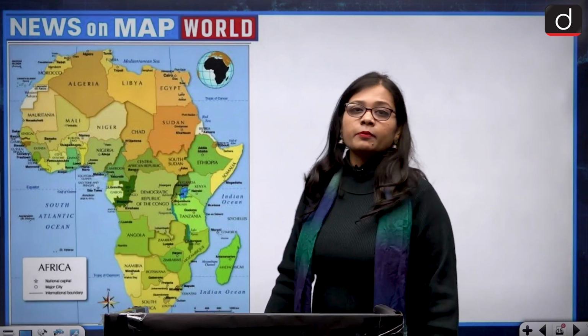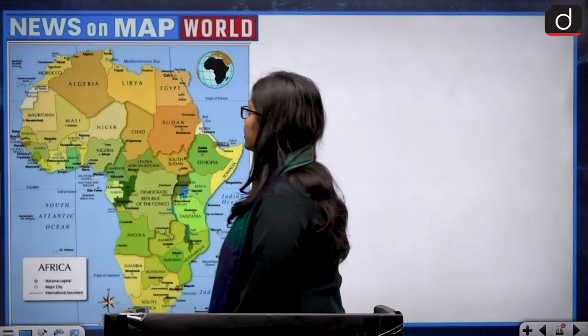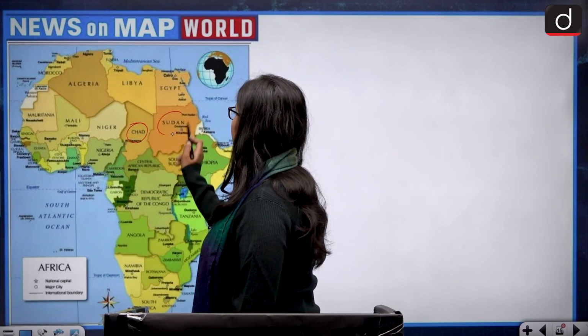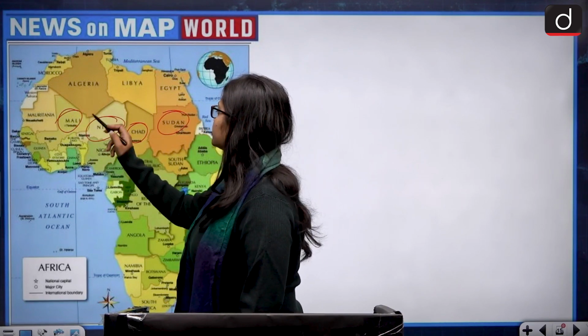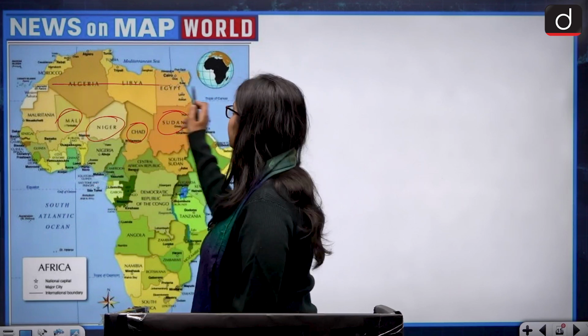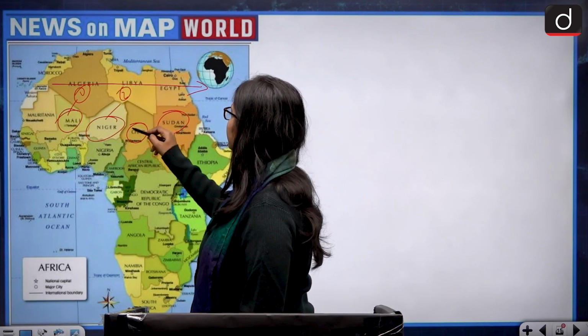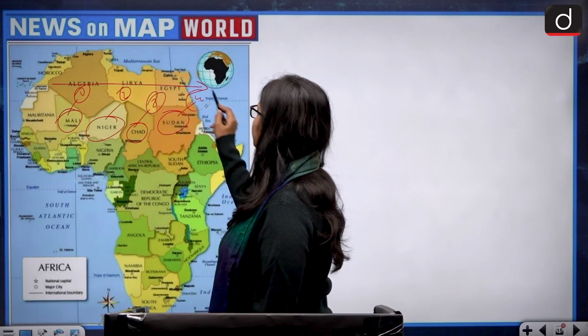If we look at the map of Africa, the countries Chad, Sudan, Mali and Niger, we have to go from west to east. It means this direction. So first is Mali, second is Niger, third is Chad and fourth is Sudan.